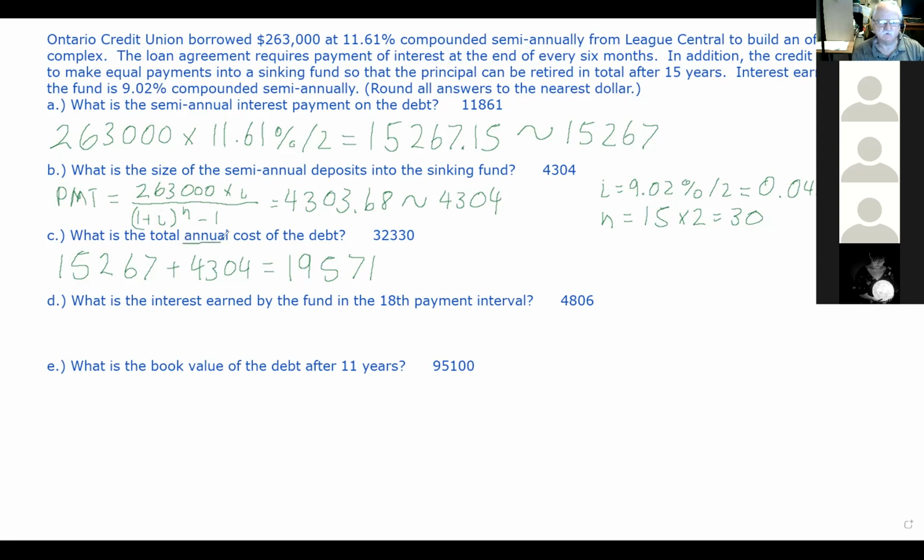That's very tricky of them. So we need to do times 2. Becomes 39142.